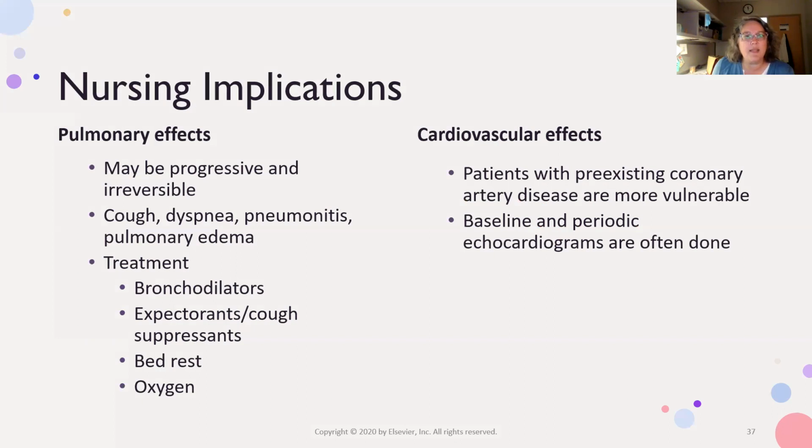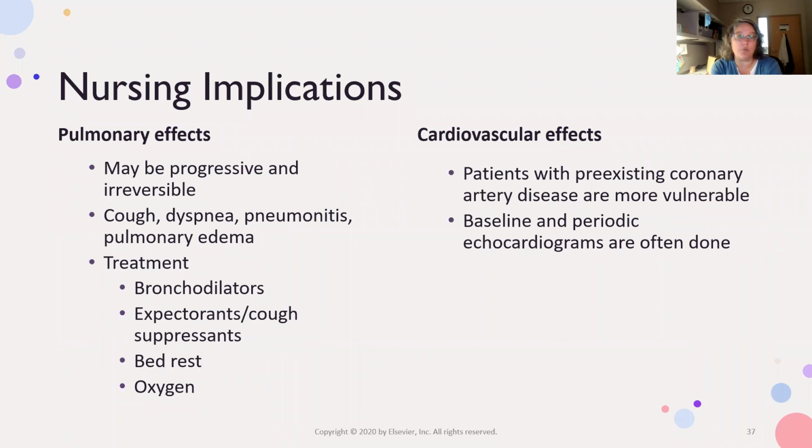And then there are some different effects as well for pulmonary and for cardiovascular. People can develop coughs, shortness of breath or difficulty breathing, pneumonitis, which is an inflammation of the lungs, and pulmonary edema. Pulmonary edema is where there's too much fluid around the lungs.